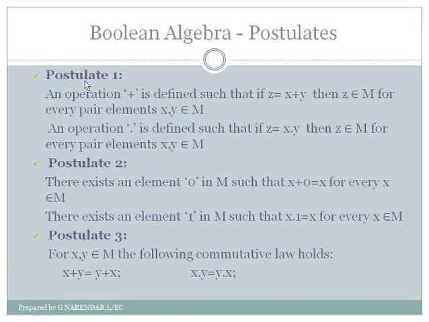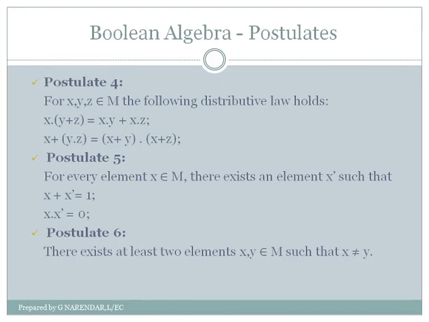In postulate 1 we define the two operations, AND operation and OR operation. In postulate 2 we define two elements on which these operations can be performed, that is element 0 and element 1. And postulate 3 defines the commutative law for both AND operation and OR operation. And postulate 4 defines the distributive law for both AND operation and OR operation.